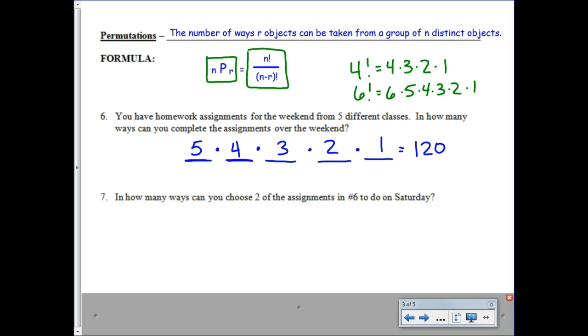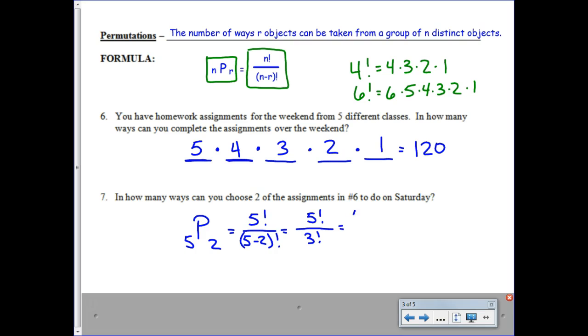Okay, and how many ways can you choose 2 of the assignments in number 6 to do on Saturday? That's where this permutation comes in. Because we have 5 assignments, we want to choose 2 of them. You can type this into your calculator, or you can do the math this way. n is 5, so 5 factorial over 5 minus 2 factorial. 5 minus 2 is 3 factorial.